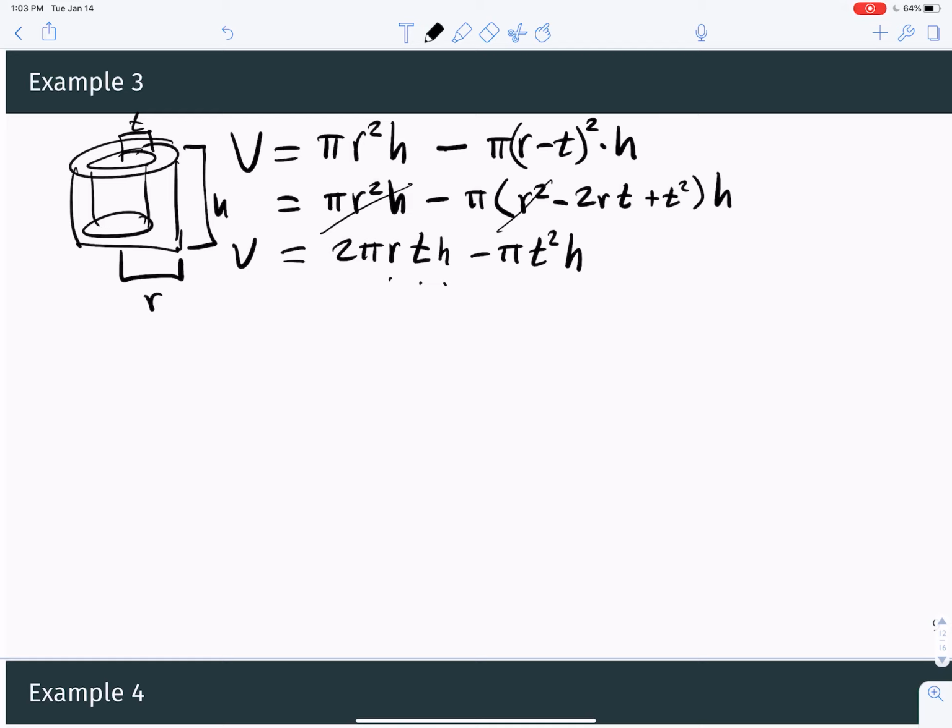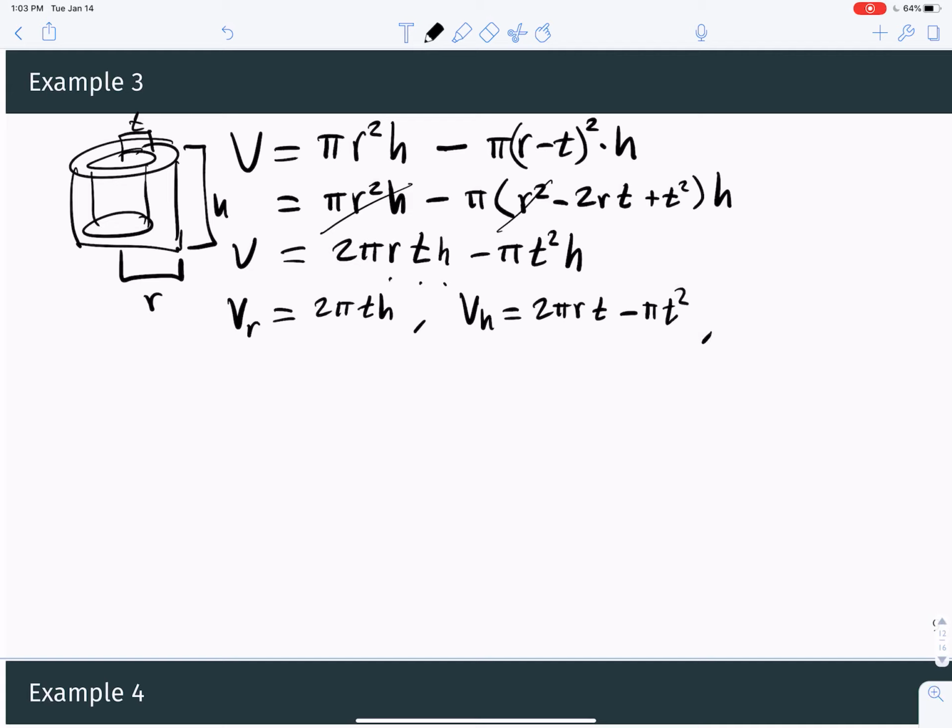And we can figure out Vr, which is the partial derivative of V with respect to r. Well, that's 2 pi th. And we can figure out Vh, the partial derivative of V with respect to h. That's 2 pi rt minus pi t squared.